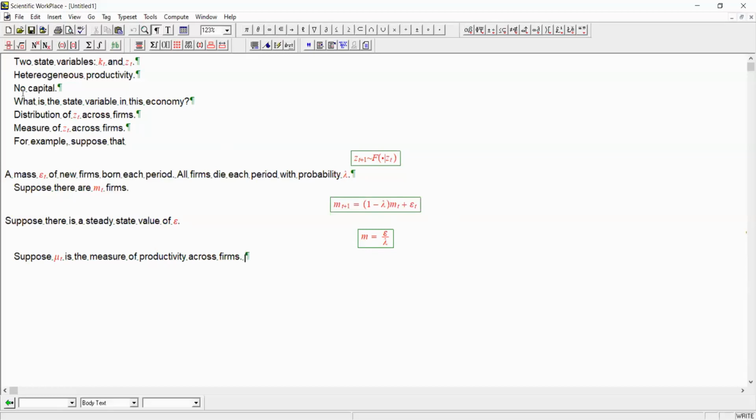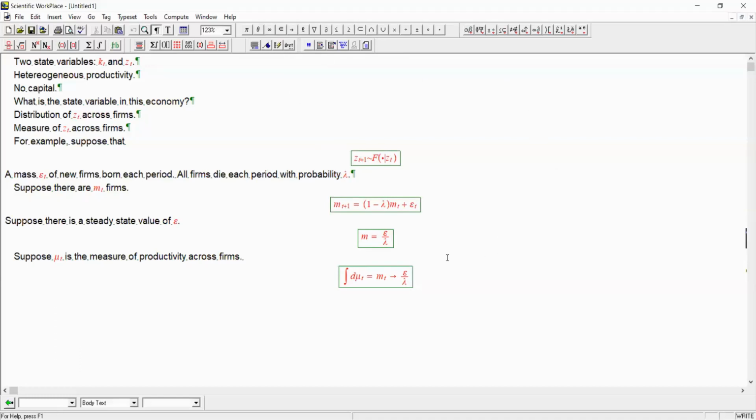This, of course, is the state variable of this economy. What we're going to have is that the integral of this over all values of productivity is going to equal MT. And since we know that that converges to something, that's going to converge to epsilon over lambda.